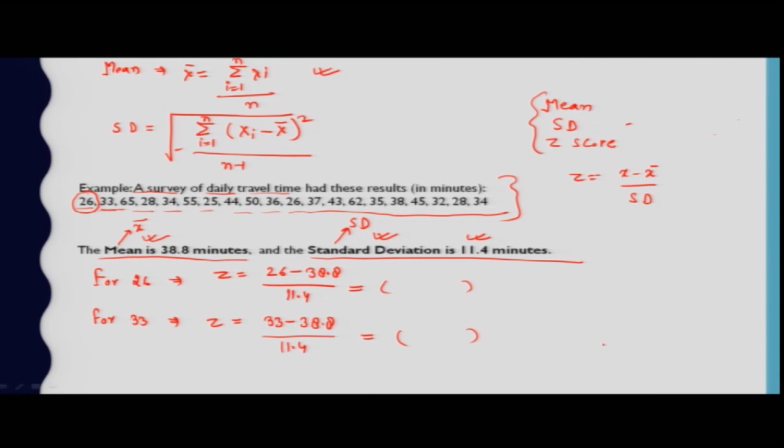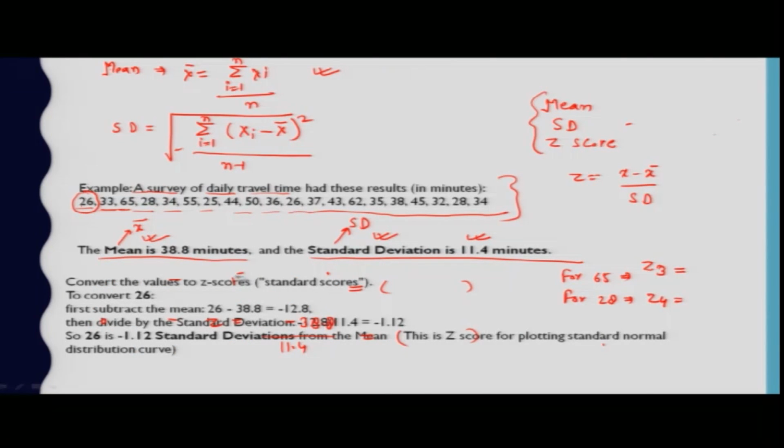In a similar way you will have to calculate for each number, let us say for 65, giving z1, z2, z3, each some value. For 28 the value will be something different. So, in this way for each particular value you will have a distinct z score.